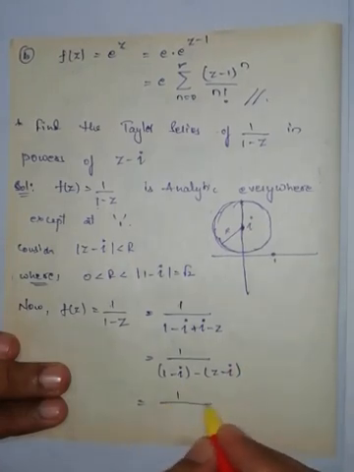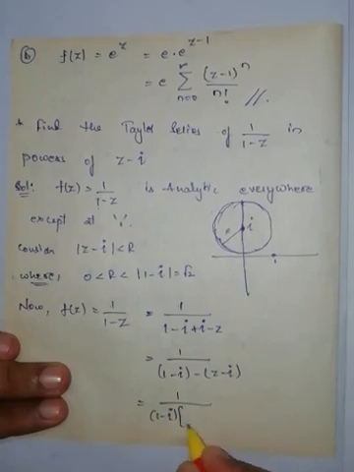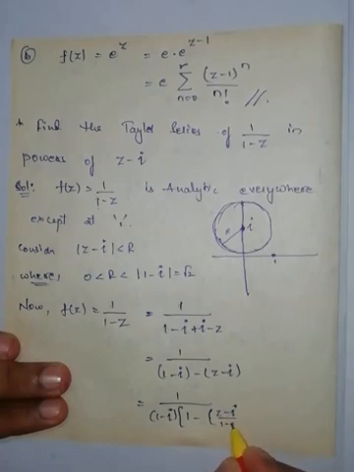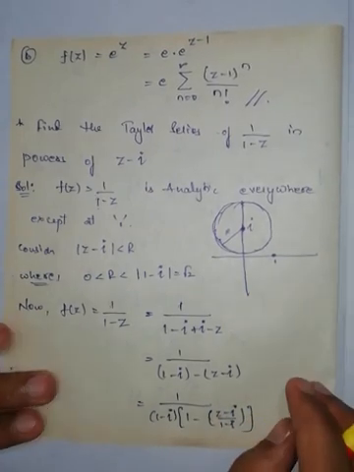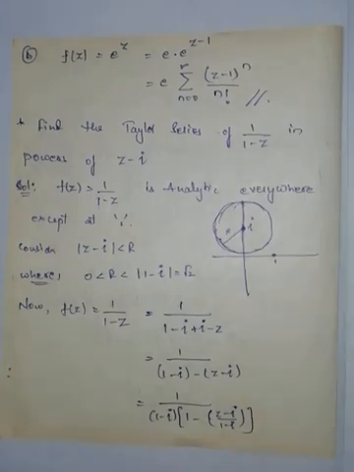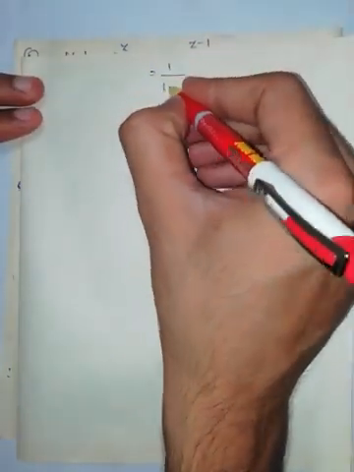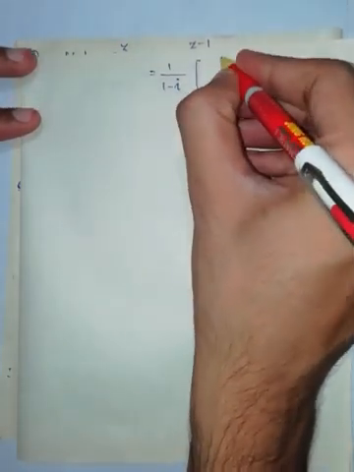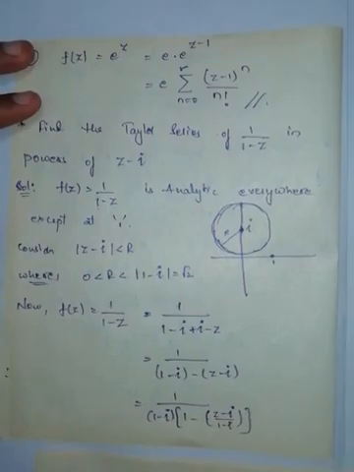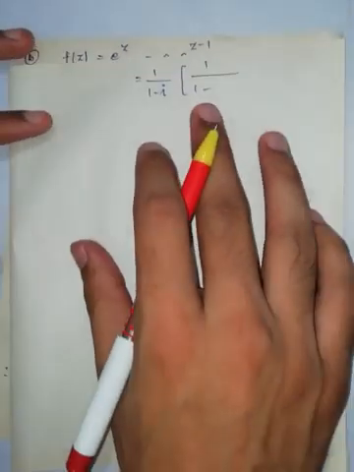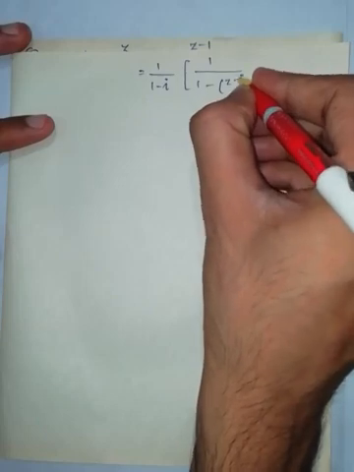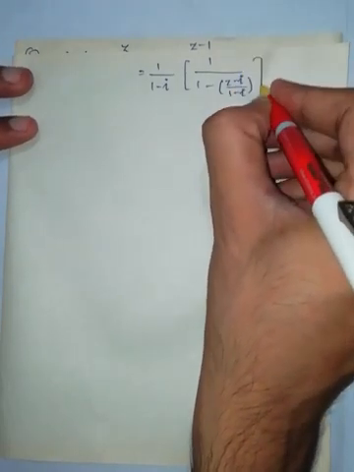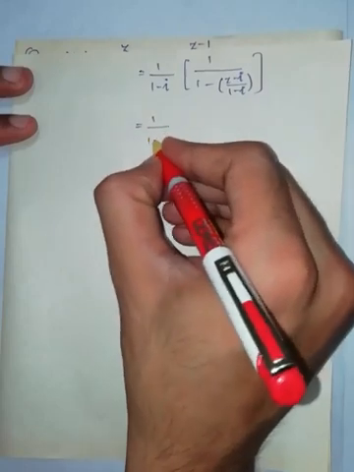This can be written as 1 by 1 minus iota into 1 minus z minus iota by 1 minus iota, which is equal to 1 by 1 minus iota into 1 by 1 minus z minus iota by 1 minus iota.